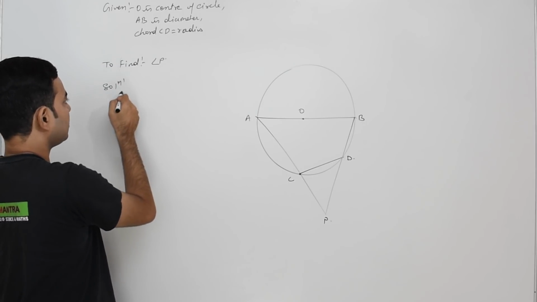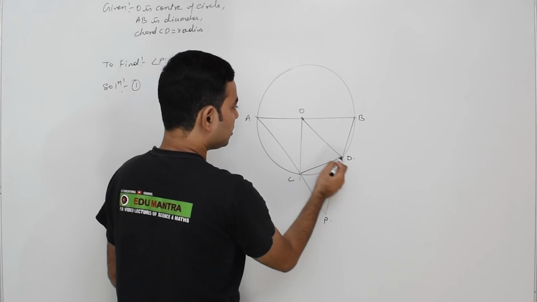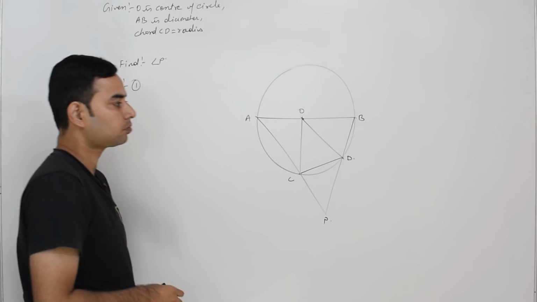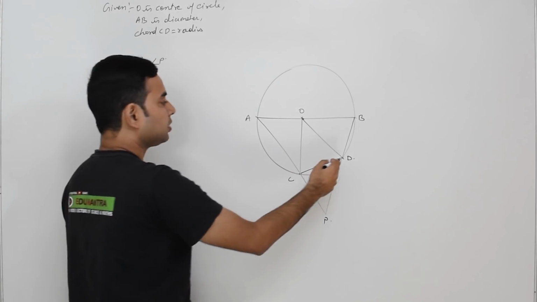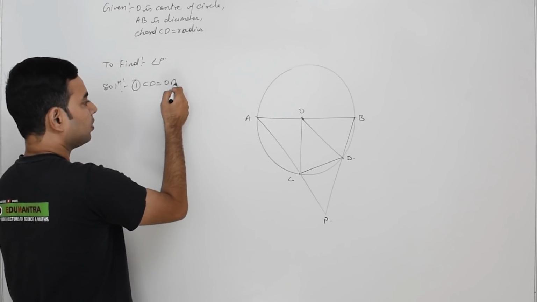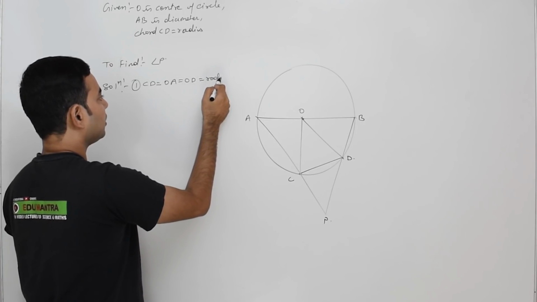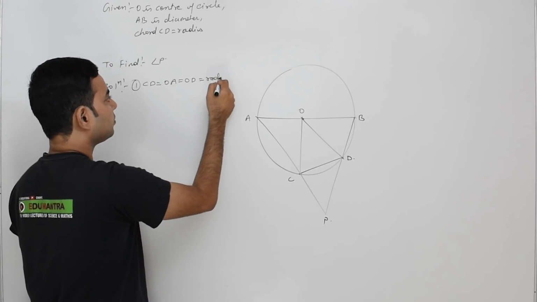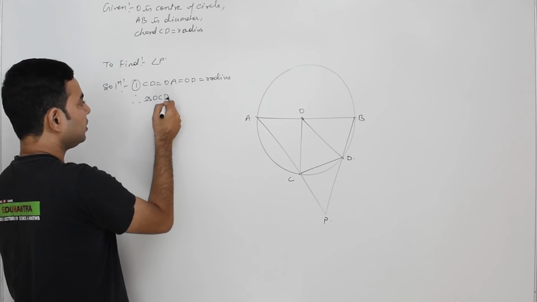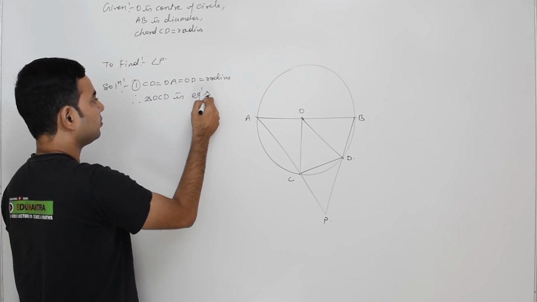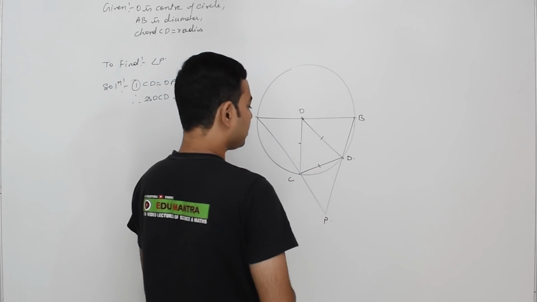Solution for this: first, we will join OC and OD. Now CD is equal to OC is equal to OD, radius. Therefore triangle OCD is an equilateral triangle. All the sides are equal, so it is an equilateral triangle.